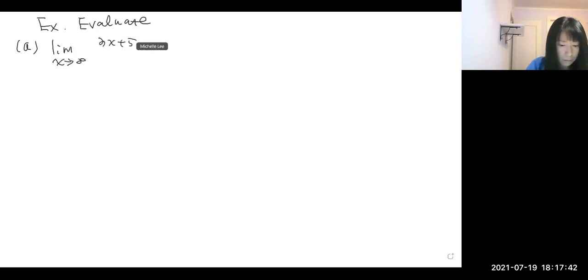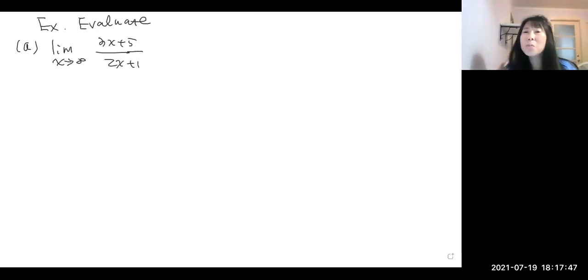Okay, how about this one? Evaluate. So this is what we did last time, very similar. When x approaches positive infinity, what do you get for this one? Three halves.